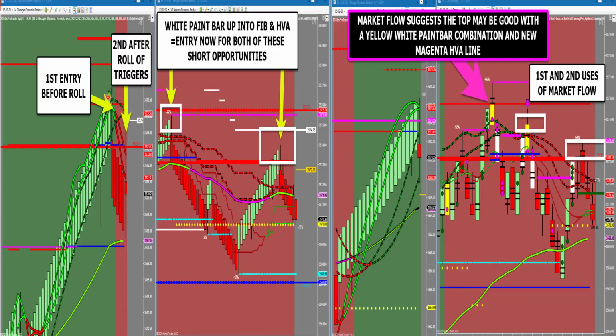Now, again, this is a little bit squished up because I had 4 charts on here, but again, when we get to fibs with a weak trigger, sometimes you get a trade before the triggers ever even roll. So let's go from left to right. Weak triggers at a fib, and you can't really see the top on your 5-1 chart.